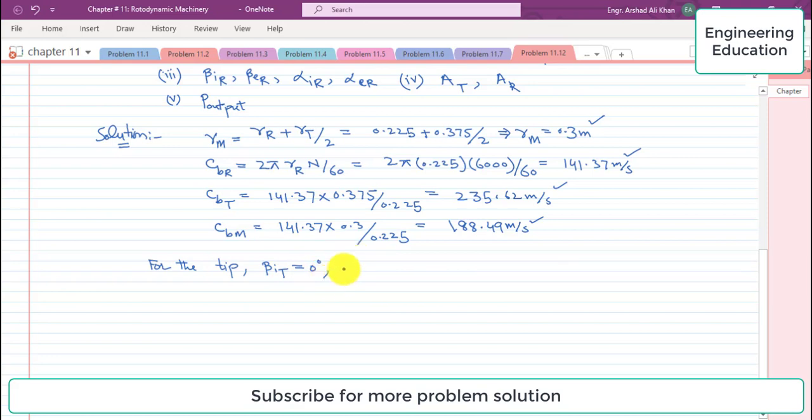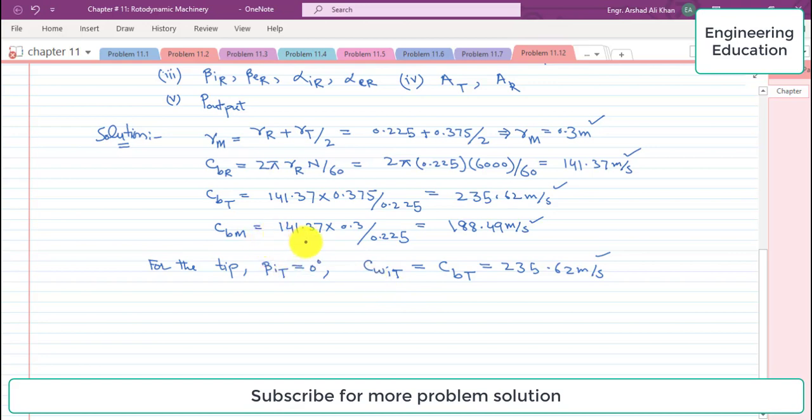Therefore, we can say that CWIT, which is the whirl velocity at inlet at tip, will be equal to the blade velocity at tip, and it will be equal to 235.62 meter per second. So later on we can use this value in the problem solution.